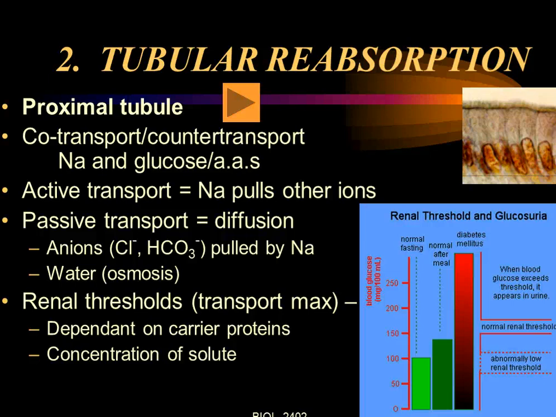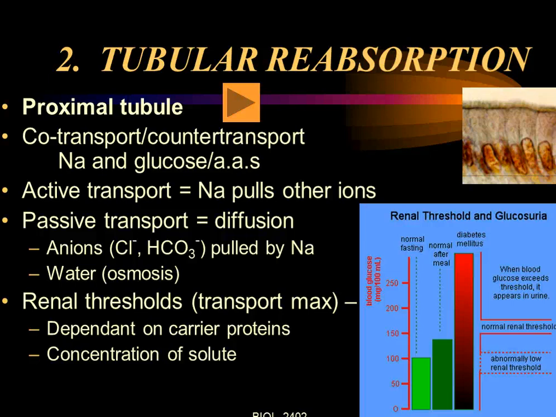So there's only a finite number of carriers. And if you've got a ton of glucose in the blood, and it all ends up in the filtrate, as you know, because it all gets filtered out, then there's not enough carrier molecules to bring the glucose back in, and only some of it will get back in, and some of it stays out in urine.